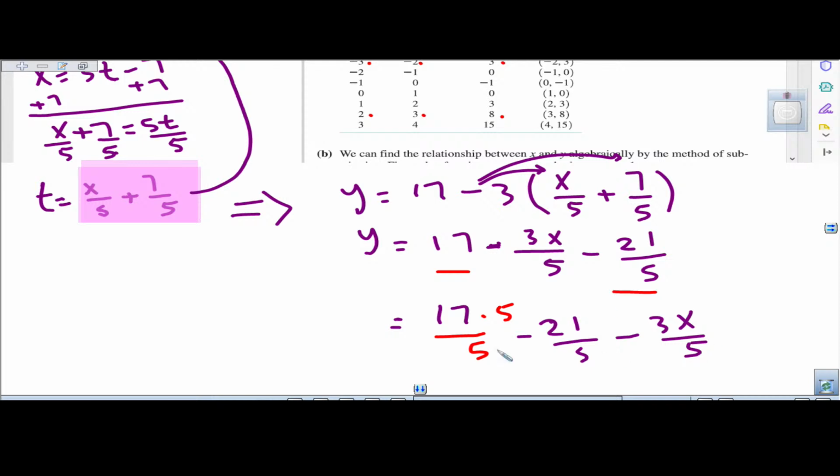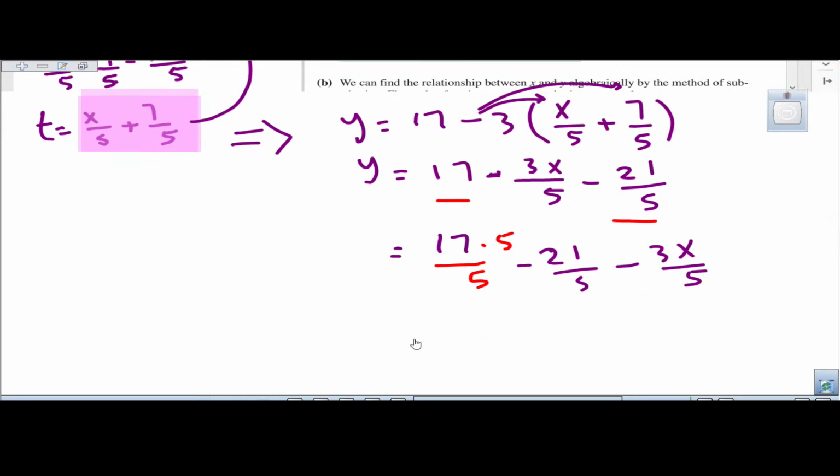All I'm doing is just arranging these and combining these like terms here. And to combine the 17 with 21 over 5, I have to come up with a common denominator. That's why I multiply it by that amount. So now it's 85 over 5. 17 times 5 is 85? Good. Minus 21 over 5. How much is that?